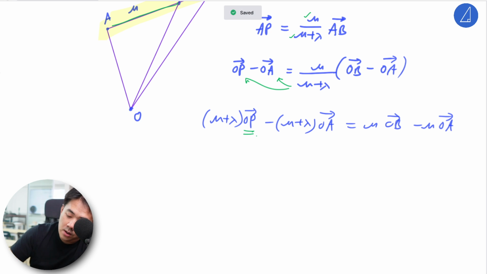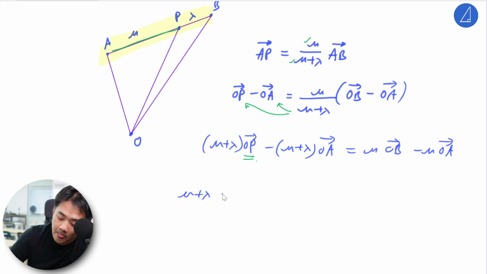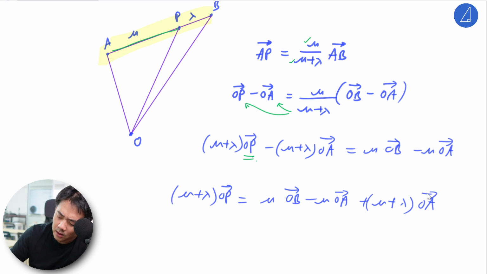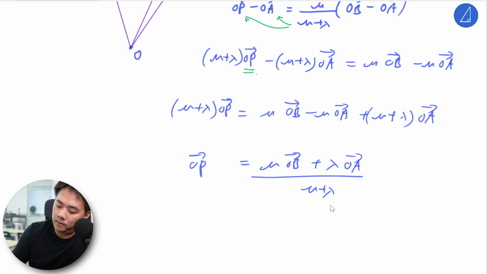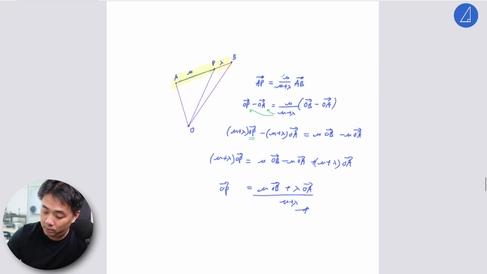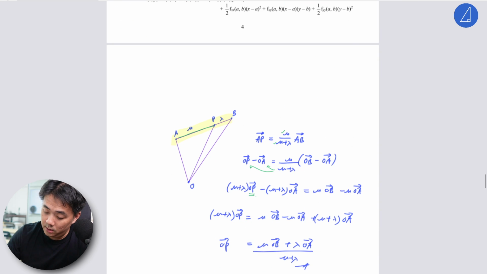So mu plus lambda OP equals mu OB minus mu OA plus mu plus lambda OA. If you factorize everything out, then this is OP. Here you go, you show the ratio already.